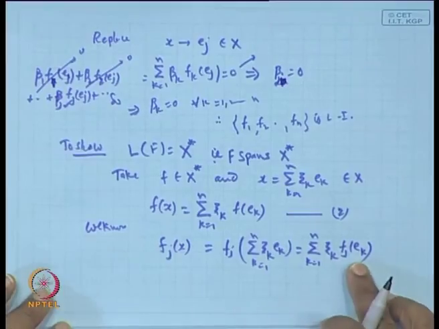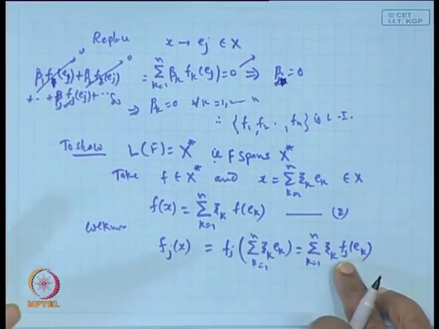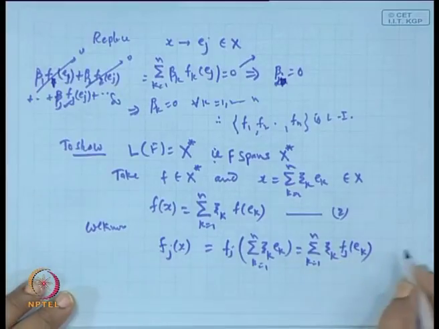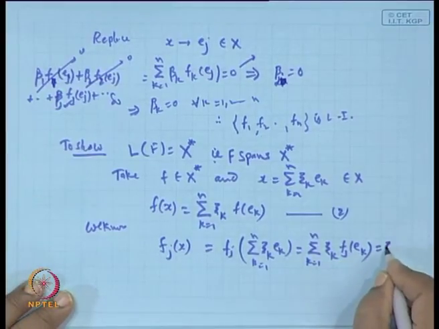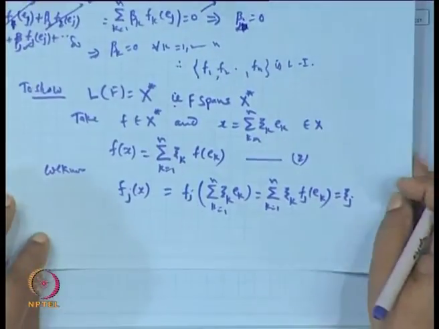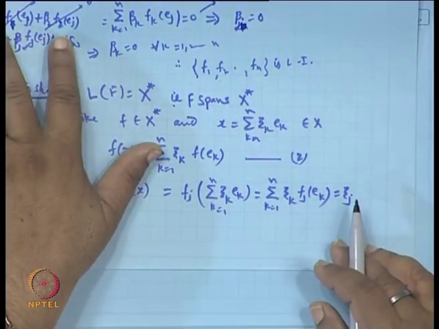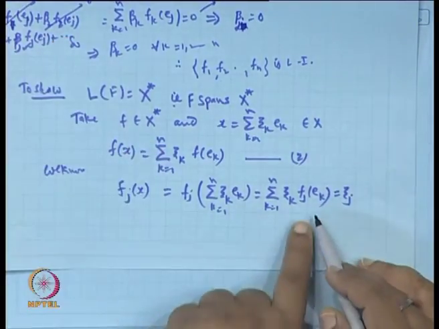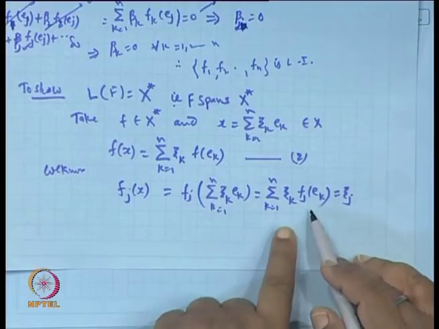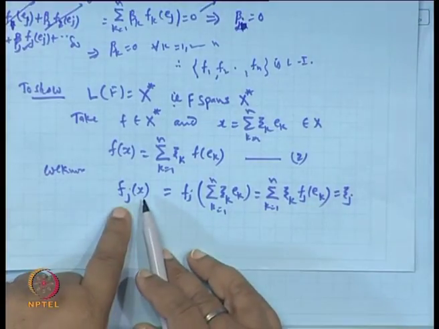Now, f j e k is canonical delta. So, when j is equal to k, it is 1, otherwise 0. So, basically this is equal to what? xi j. Is it okay or not? Clear? Again, in a similar way, the rest of the part will be 0 and only one term will be left, which is xi j.